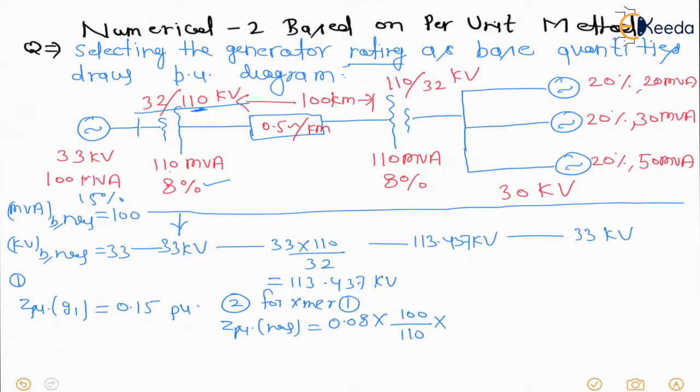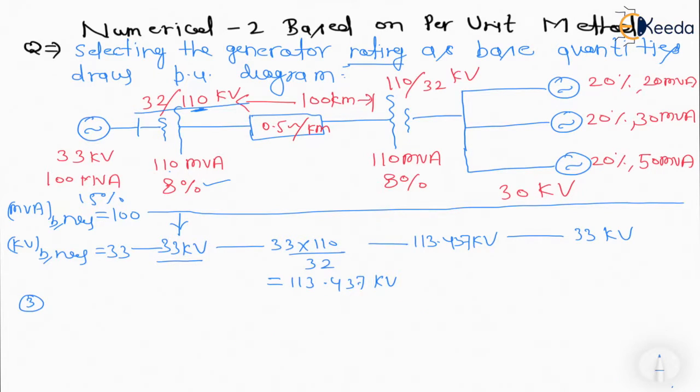Now the base voltage has changed to 33 kV and base power has also changed to 100 MVA. So 0.08 into 100 upon 110 into KVB old, that is 32, upon KVB new, that is 33, squared. This will be the per unit value of the transformer, which is equal to 0.068 per unit.